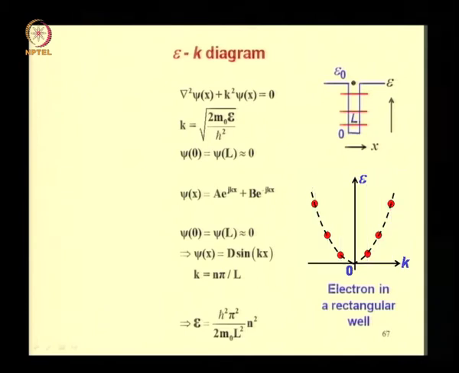So I have removed the lines to clear the figure to indicate the discrete values of energy and momentum which are allowed for electron in a rectangular potential well. So this is the EK diagram, okay, of electron in a rectangular potential well, where this K represents the wave vector, or it can be used to represent the momentum.